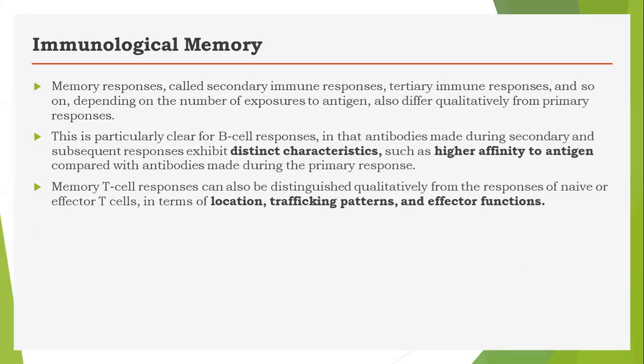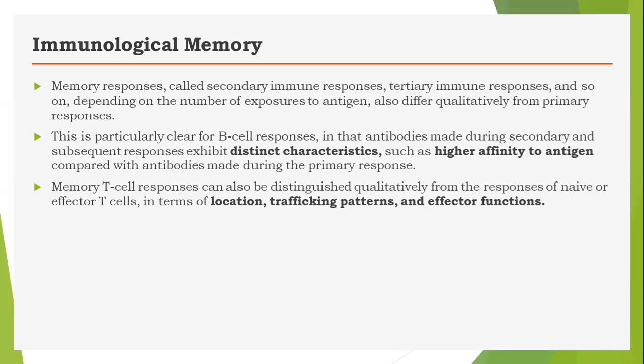And memory responses, also called secondary immune responses, and tertiary immune responses, which we'll see on a slide, all depend on the number of exposures to that particular antigen. The secondary immune response also differs from the primary immune response in terms of the size and the response to that particular antigen.